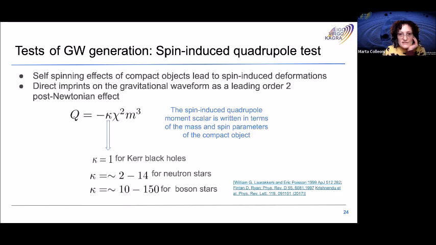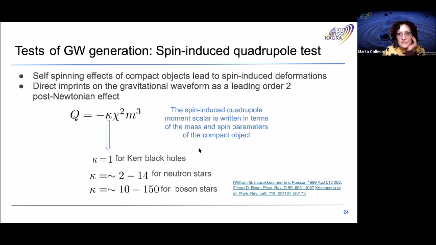You can see here that this effect is encapsulated in this spin-induced quadrupole moment, which is proportional to the square of the spin, and is parameterized by this kappa. Kappa is exactly 1 for pure black holes.